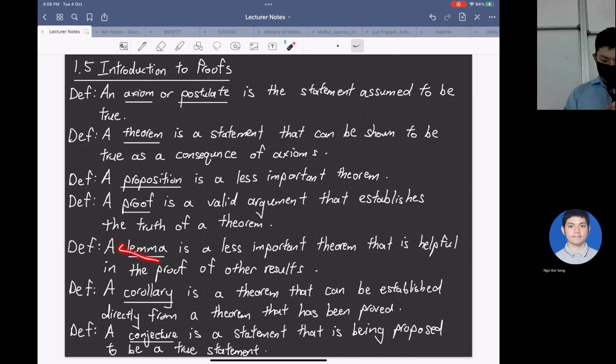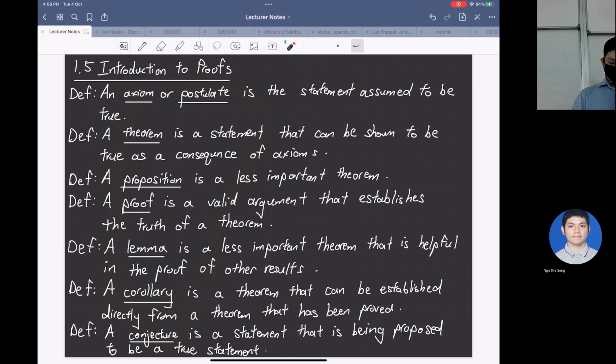A lemma is also one kind of theorem, less important, but a lemma is usually used in the proof of other results. Maybe you want to prove a theorem, and you need to prove some small result before reaching it. That's called a lemma. So these are just words.